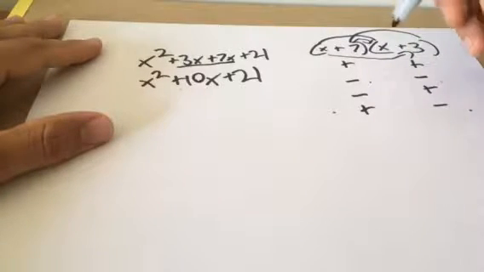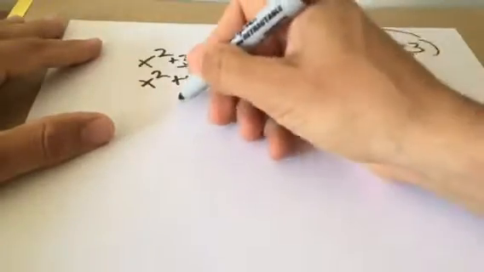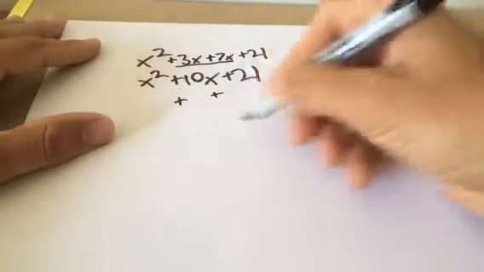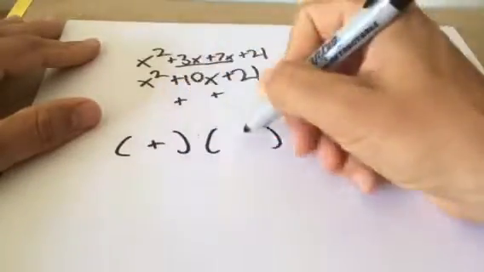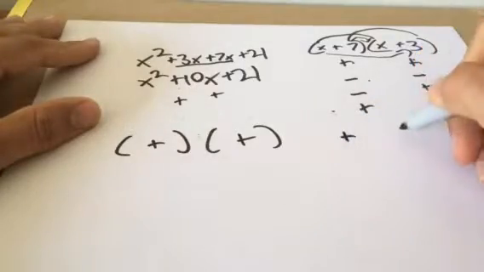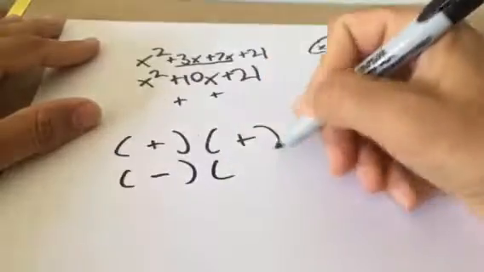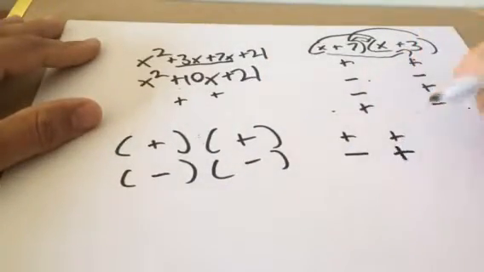Now, if you notice the pattern here, this was a plus plus, so what ends up being here is going to be a plus plus. So in our parentheses, if we have a plus plus, our trinomial is going to have a plus plus. In the parentheses, if we have a minus minus, the trinomial will have a minus plus.